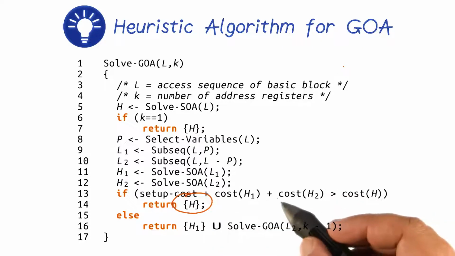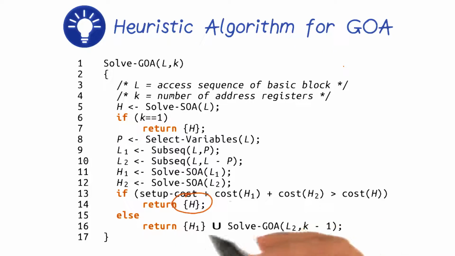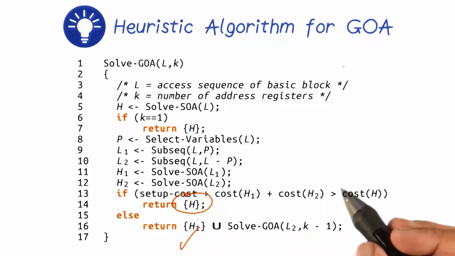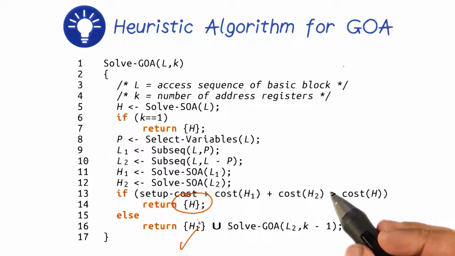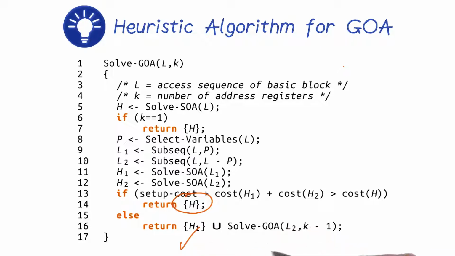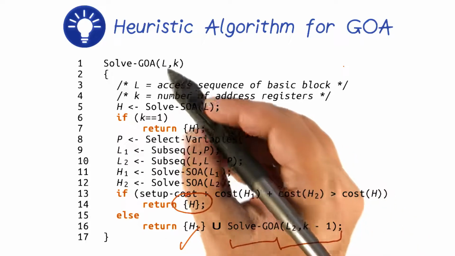If that cost is however lower, then H1 is a very good solution, and what we'll try to do is return that, and then take the remaining access sequence which is in L2 and see how to cover it using the remaining k-1 registers by again calling this algorithm. So that is why we have a recursive call here.